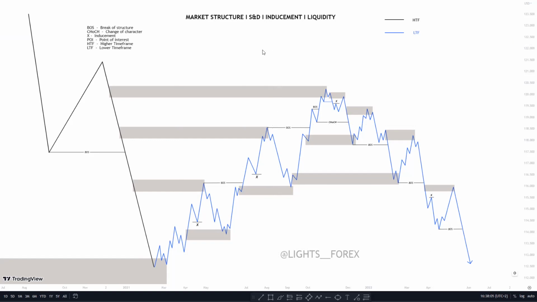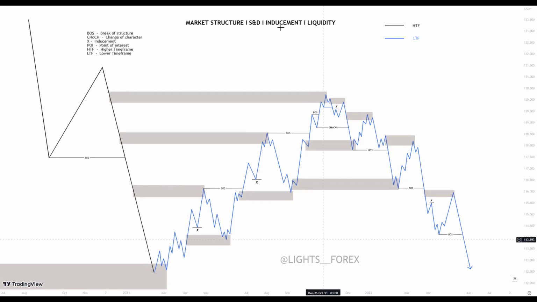Here we have a high time frame and a lower time frame. I just mixed them in this. The first one is the high time frame, and it can be any time frame.